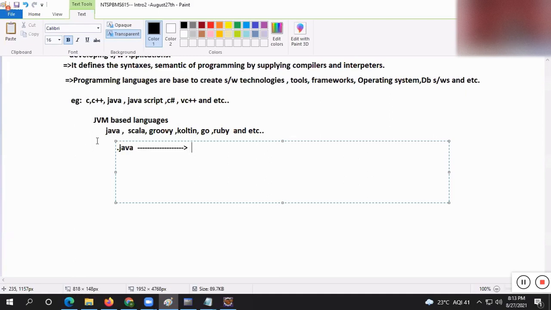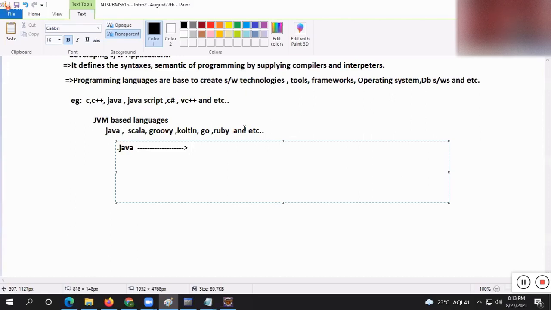That is not the fact, boss. The other languages, which are again JVM-based languages, they are coming with new features. So they are getting inspired from those features, bringing them and adding them to Java and releasing to the market.